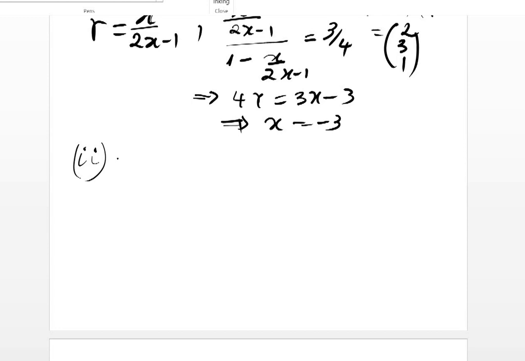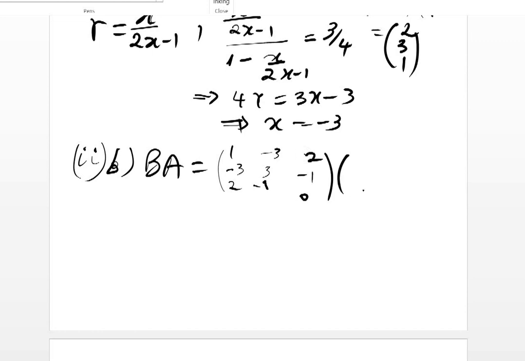The matrix product BA, here we have our B, 1 negative 3 2, negative 3 3 negative 1, 2 negative 1 0, times A, 1 2 3, 2 4 5, 3 5 6.